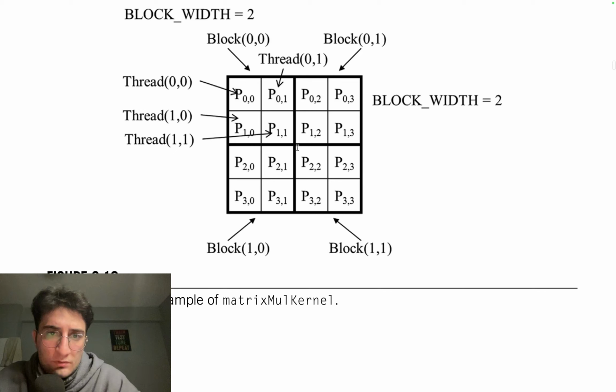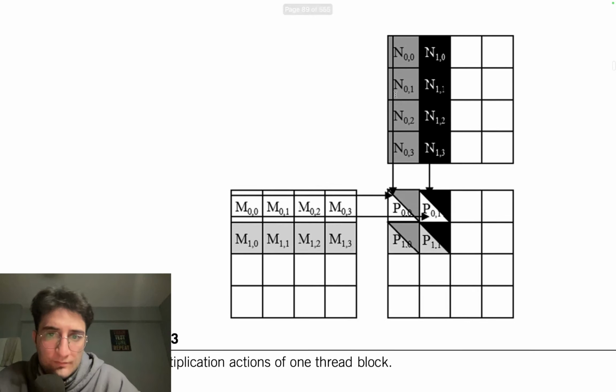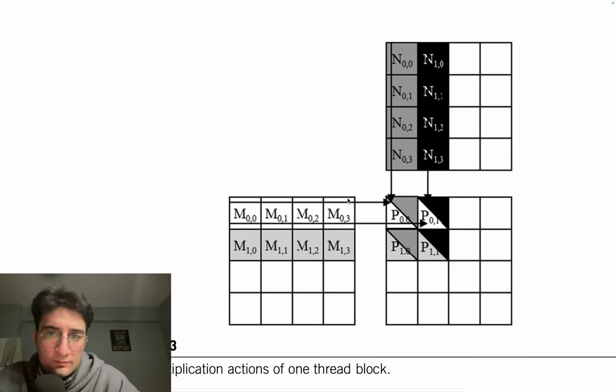These are blocks. Every one of them is threads, and block width is equal to 2. All of the M0 and all of the N0.